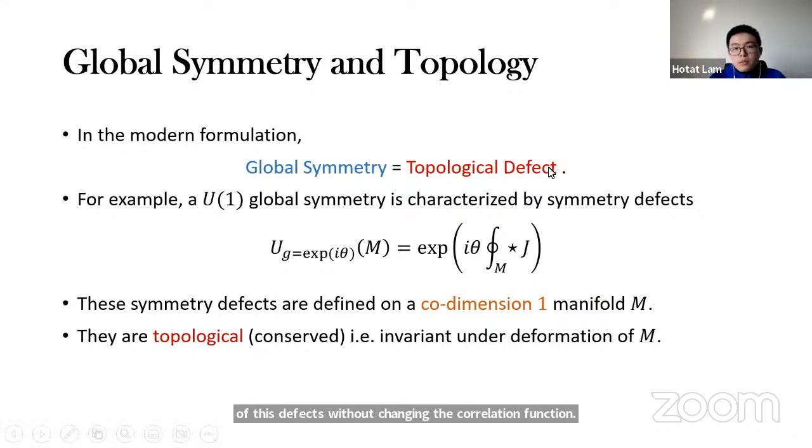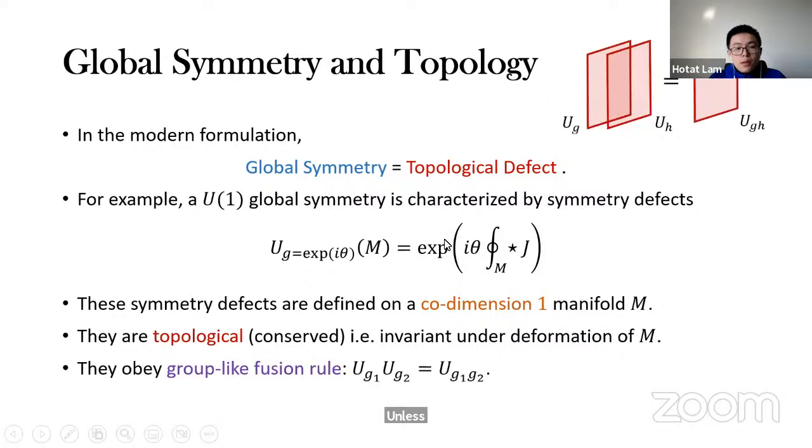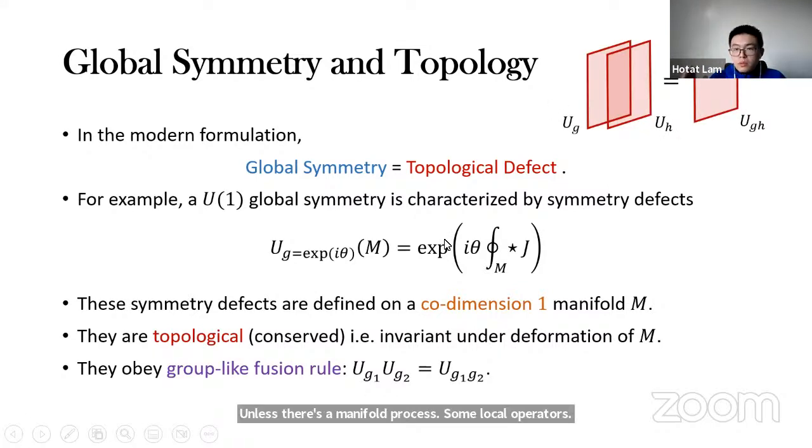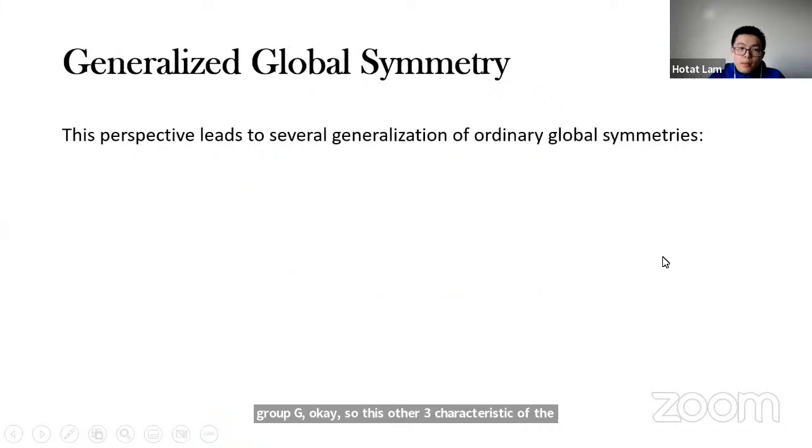The third crucial property is that since these defects are topological, we can talk about their fusions. We can collide them, and when we collide them, this defines a new topological defect. The way these topological defects fuse is just like the group multiplication in the symmetry group G. Okay, so these are the three characteristics of the topological defects of an ordinary global symmetry.